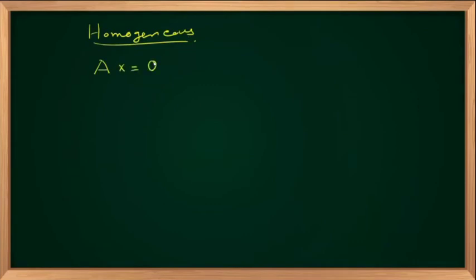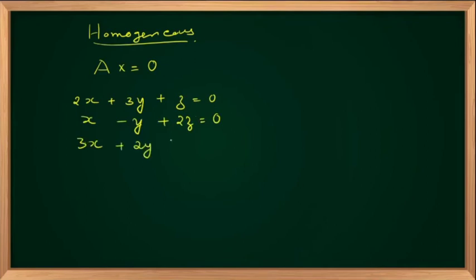Now we'll consider an example first. Suppose I have 2x plus 3y plus z equal to 0, x minus y plus 2z equal to 0, and 3x plus 2y plus 3z equal to 0.